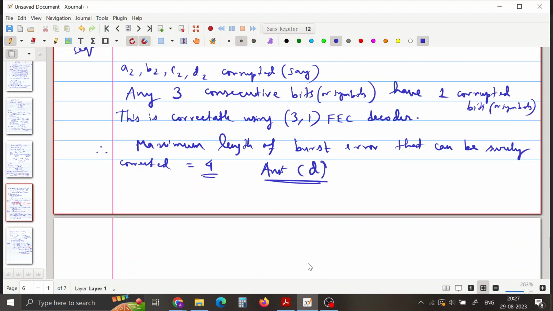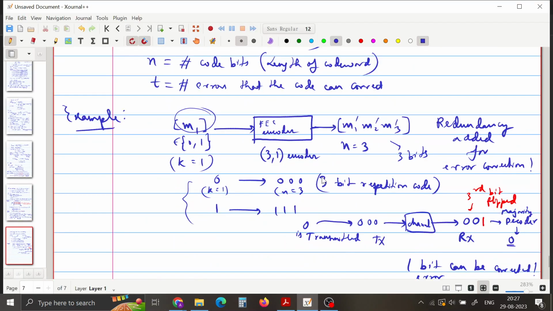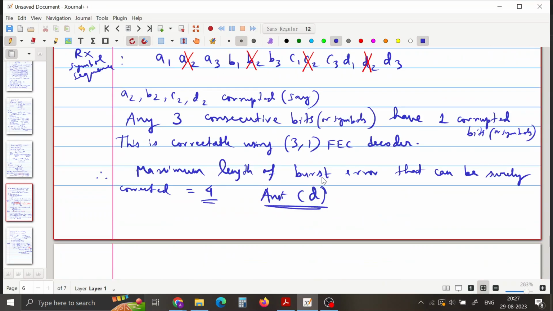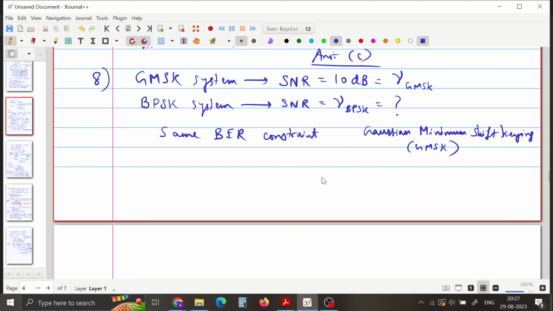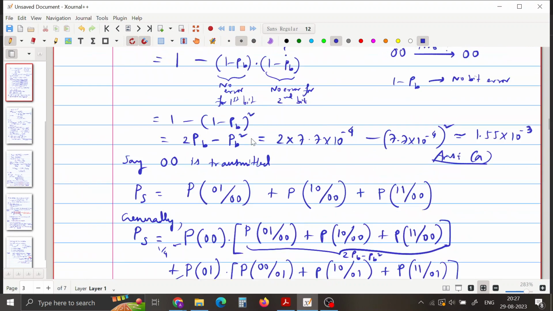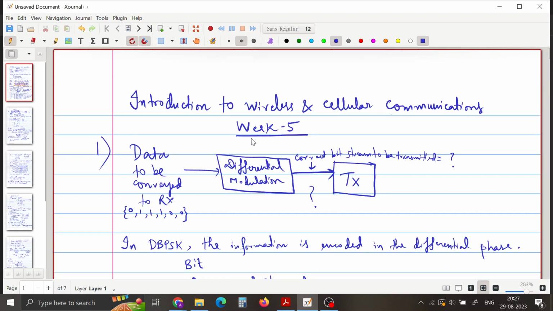So we have come to the end of today's discussions. I'm not sure if I took longer than required for all the questions, but I wanted to ensure that all of us are on the same page. Some questions are straight away formula based, so you can solve them in very little time. Hopefully this gave you some idea on how to approach the assignment problems.